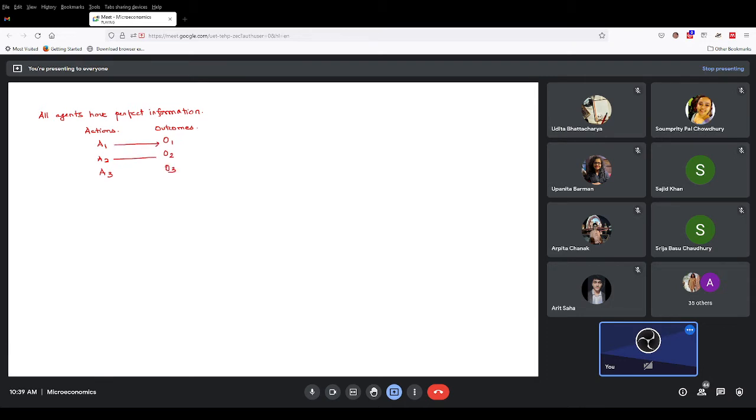possible outcomes. But if you see, this is a one-to-one relation. So if you know what is O1, O2, O3, you can choose between the actions in order to maximize your payoff.